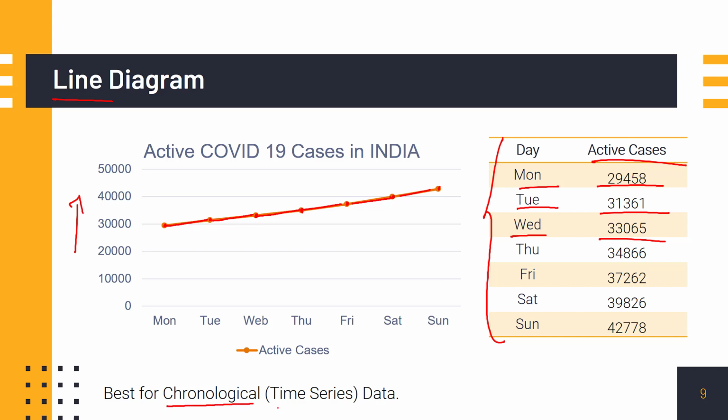Now chronological data means time series data, or data which has a natural sequence of time. In this case, see, we are going forward in a sequence, Monday to Tuesday, Wednesday, Thursday. That means we are going day by day. So when your data is related to time or is changing over time, then line diagrams are best to represent that kind of data.